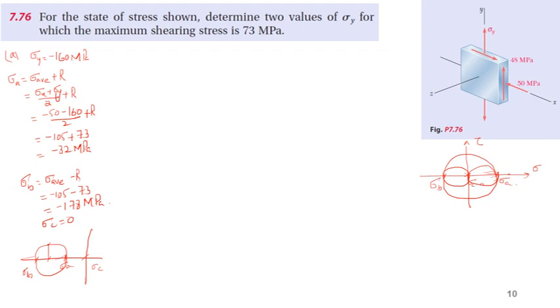But that is not valid, because the maximum shear stress is out-of-plane shear stress, between sigma B and sigma C. So this value of sigma y equal to minus 160 megapascal is not valid, because it gives the maximum shear stress as out-of-plane shear stress.